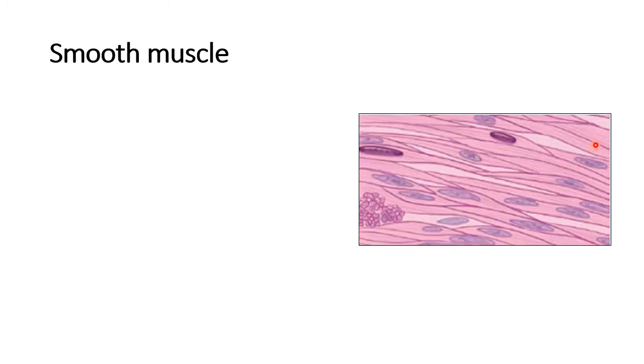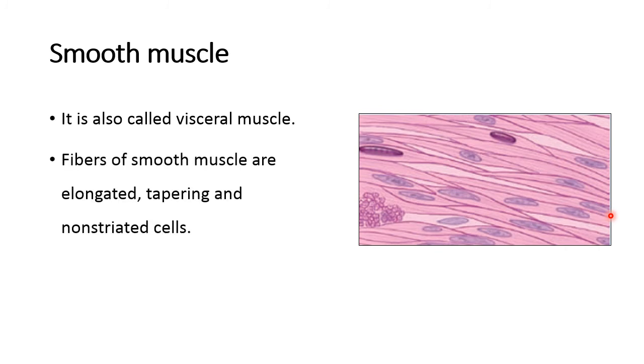Okay, we have finished cardiac muscle. Now we are moving to the smooth muscle, and the smooth muscle is also called the visceral muscle. The fibers of the smooth muscle are elongated, tapering, non-striated cells.